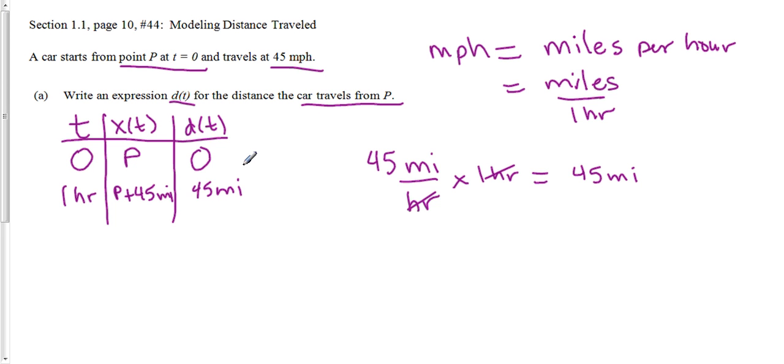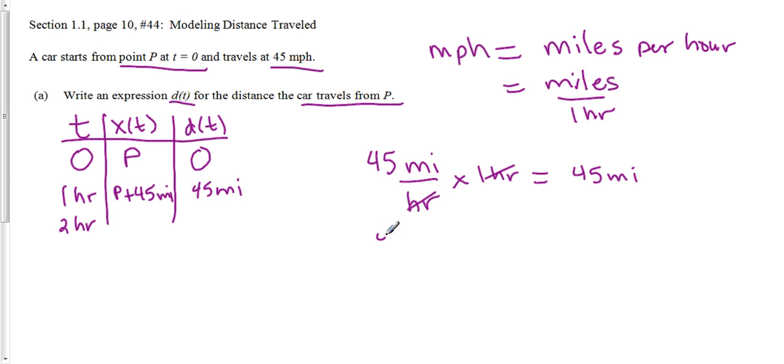Now we have 2 data points. Again, that's not really enough to help us find an expression. 2 data points could mean a curve, it could mean a straight line, we don't really know. To really figure out what this expression is going to look like, we're going to need a 3rd data point. It probably makes sense to go to 2 hours using hour intervals. Again, your intuition probably tells you that the car has moved another 45 miles.